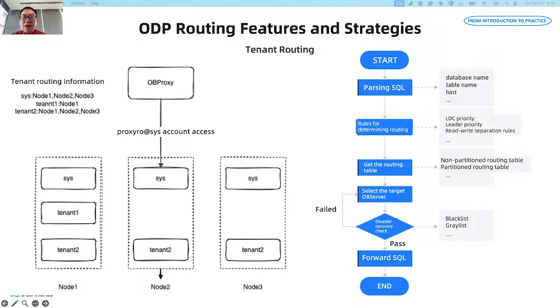ODP will save the obtained tenant information in the local memory and update the cache information according to certain strategies. For the sys tenant, the latest information is obtained and the local cache is refreshed every 15 seconds.